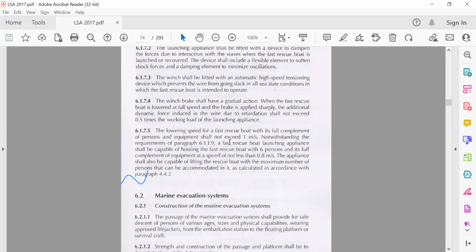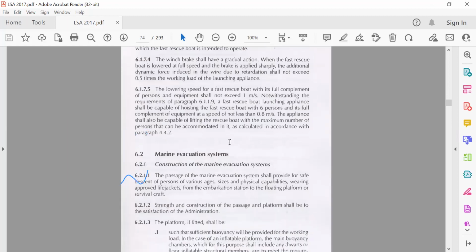6.1.7.5, the lowering speed of the fast rescue boat with its full complement of persons and equipment shall not exceed 1 meter per second, notwithstanding the requirements of paragraph 6.1.9.